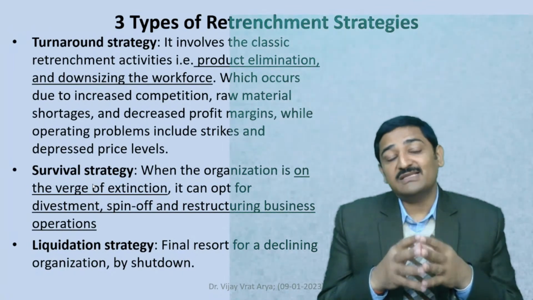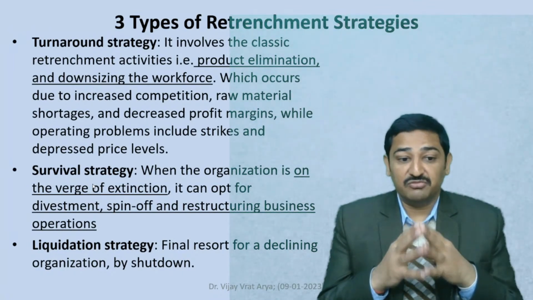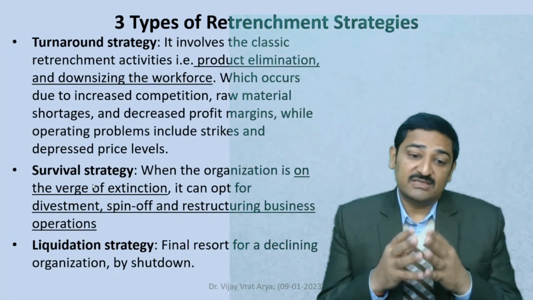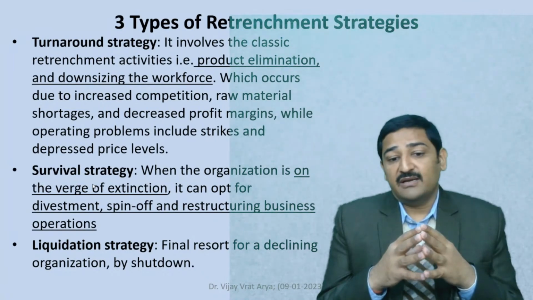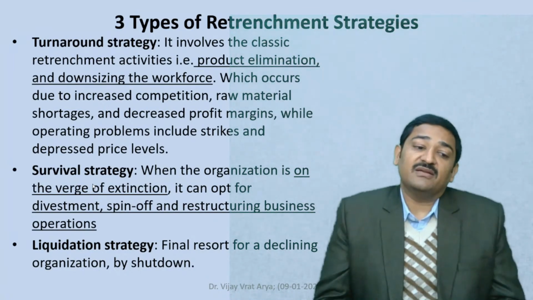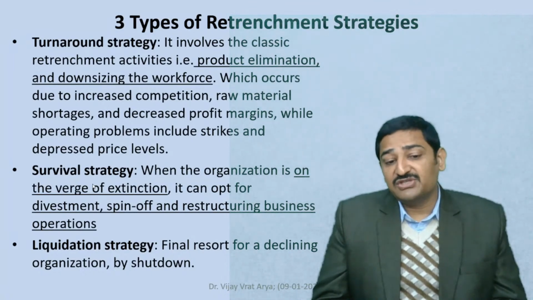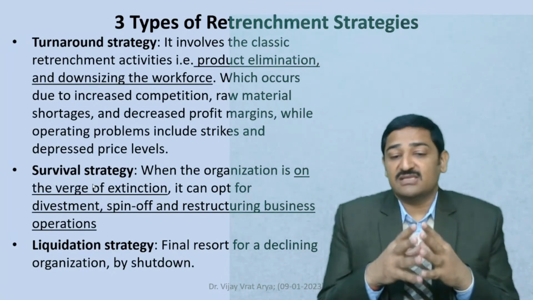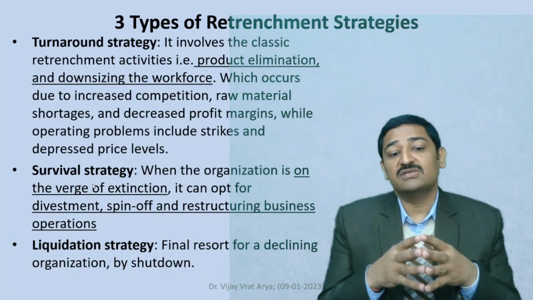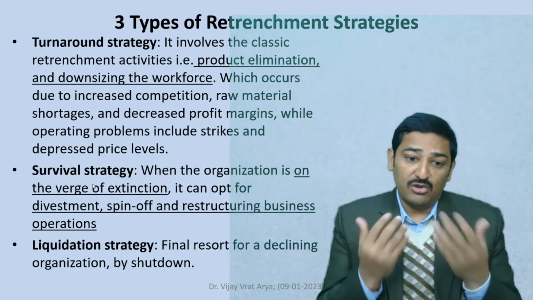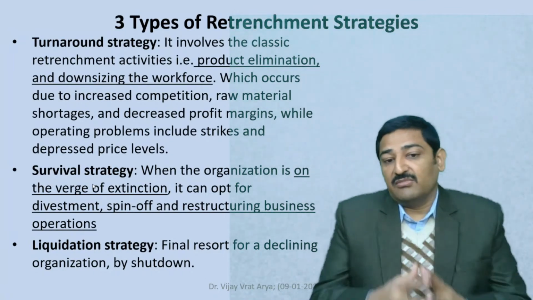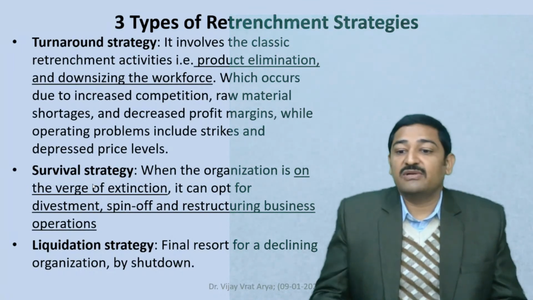And the third and last type of retrenchment strategy could be the liquidation strategy, which is the last resort. In that case, it is used particularly when the organization is declining, maybe the situation is of shutdown. So at that point of time, this liquidation strategy can be referred, and the concept of the bankruptcy model can also be referred in that particular case.